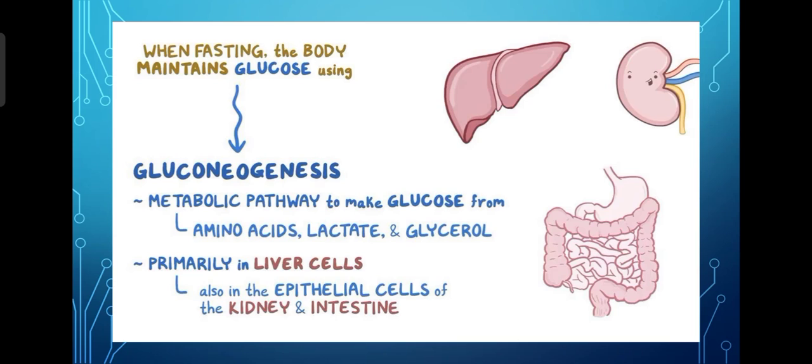Gluconeogenesis is stimulated by the diabetogenic hormones such as glucagon, growth hormone, epinephrine, and cortisol. Glucogenic substrates include glycerol, lactate, propionate, and certain amino acids. When we are fasting, the body maintains glucose level using the gluconeogenesis process.